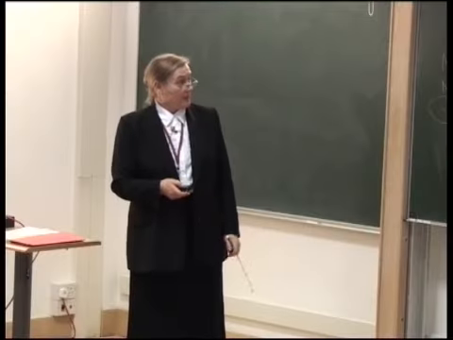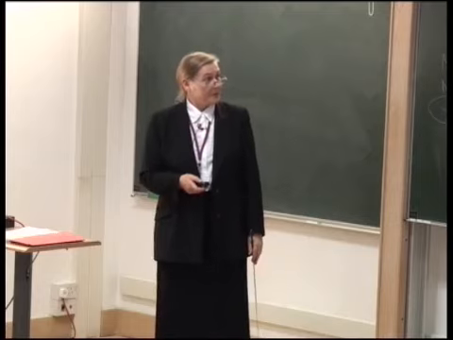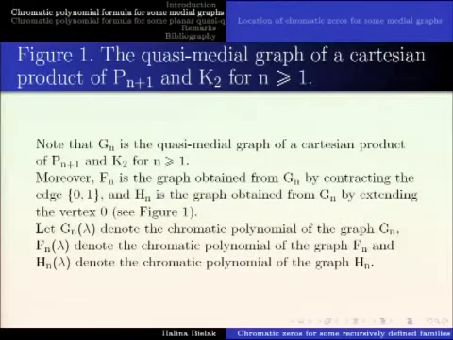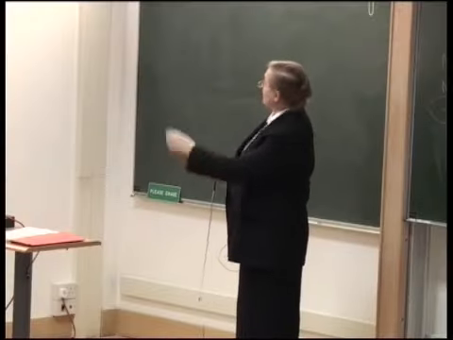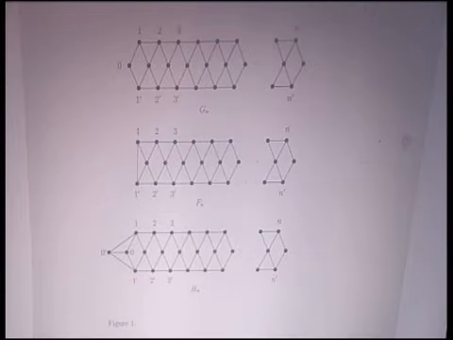Then we can also observe the relation between the last graph H sub n and the graph G sub n. We can consider G sub n as the graph obtained from H sub n by extracting the edge 0, 0 prime, or equivalently, by extending the vertex 0 in graph G sub n, we can obtain this graph H sub n.